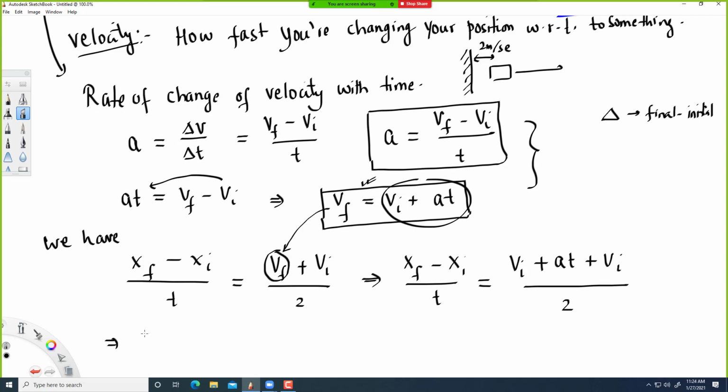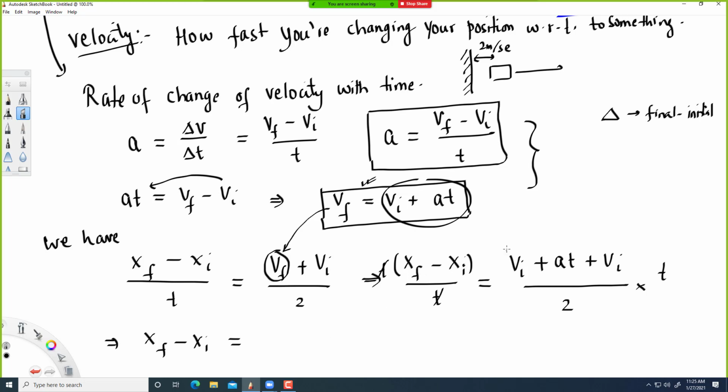So xf minus xi. I can get rid of t on the bottom here. To do that, I can take it to the other side, or some people like to multiply both sides by t to get rid of this t. So cancel that and that, and you'll have xf minus xi on the left side.